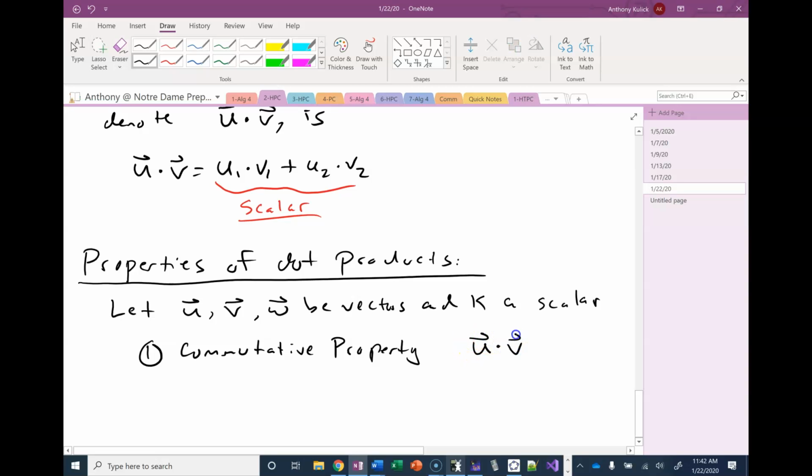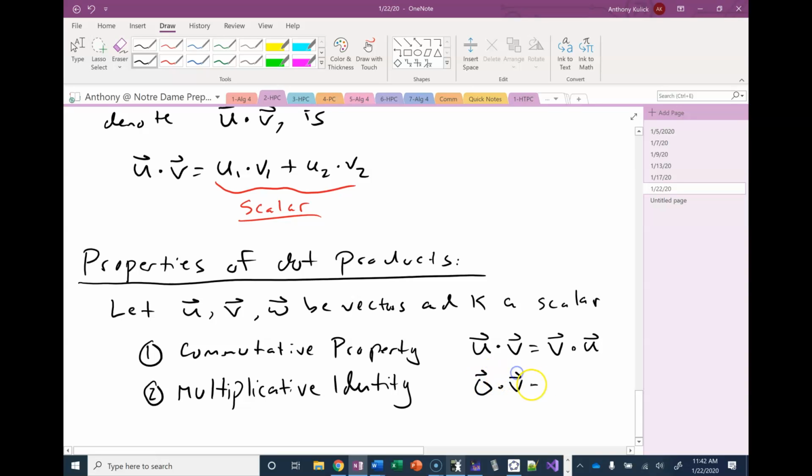That means that u dot v is equal to v dot u. There's a multiplicative identity property.